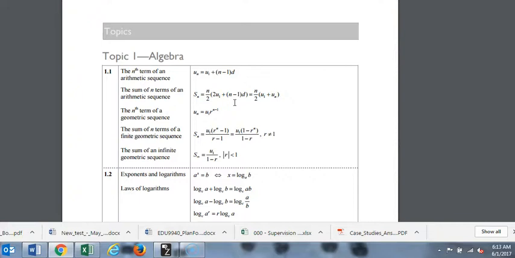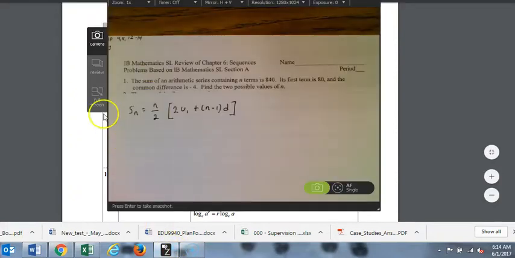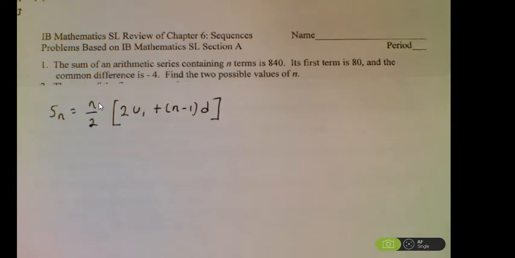So we're just doing the sum of our arithmetic series on this one: 2 times the first term, which was given to us, plus (n minus 1) times d. There's the formula we're using for this one.